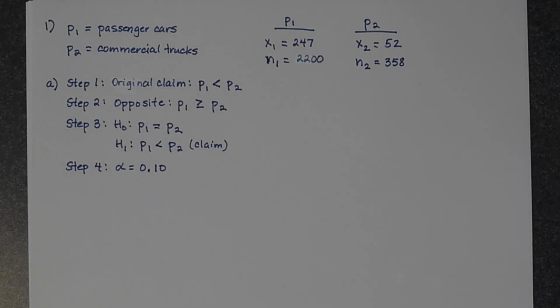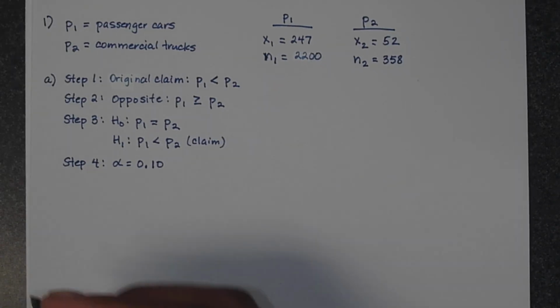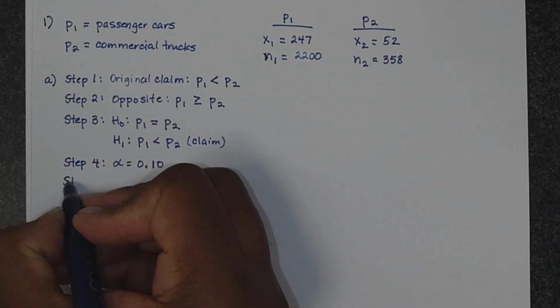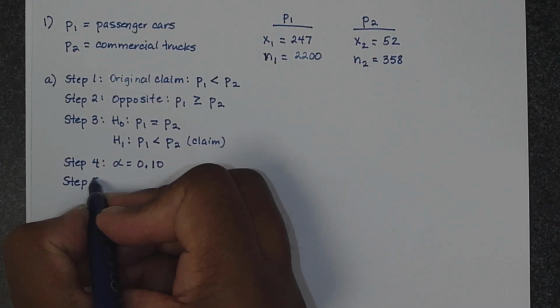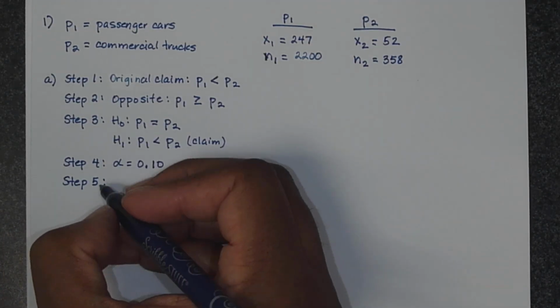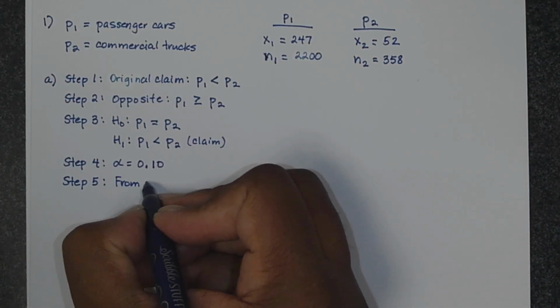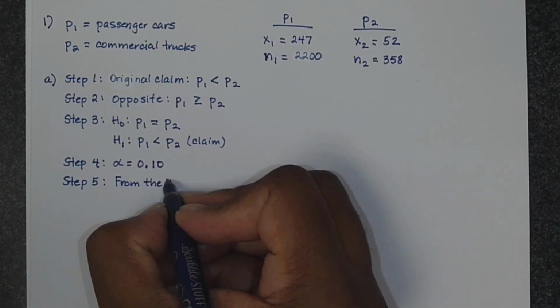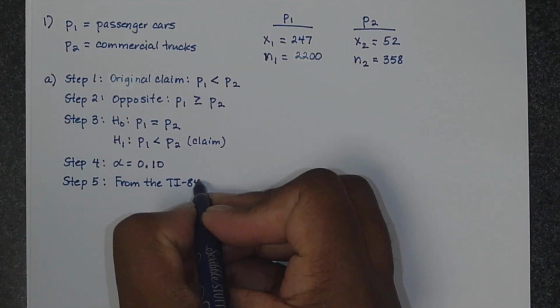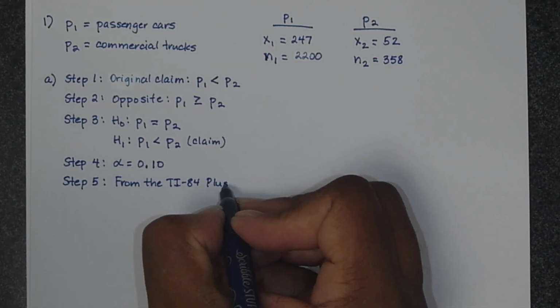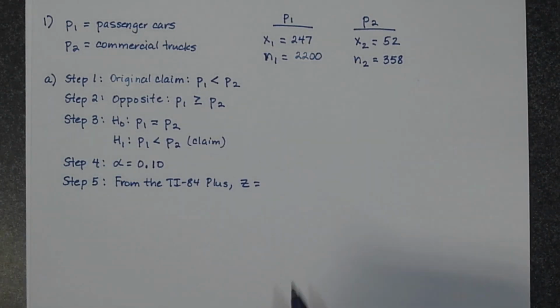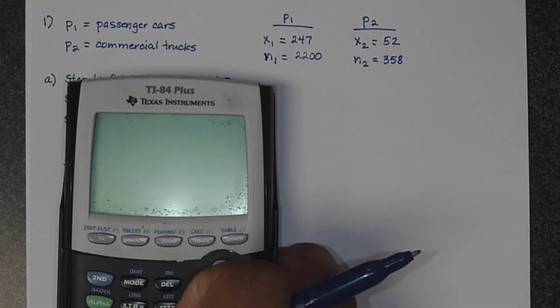Now, step number 5 is using the graphing calculator, the TI-84 Plus calculator, to come up with our test statistic, our z-test statistic. So I'm going to say here from the TI-84 Plus, need to find out what z is. So here we go.